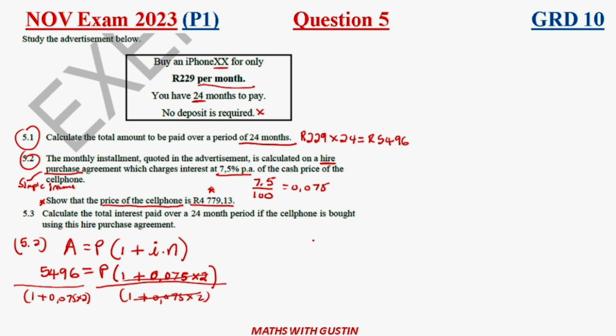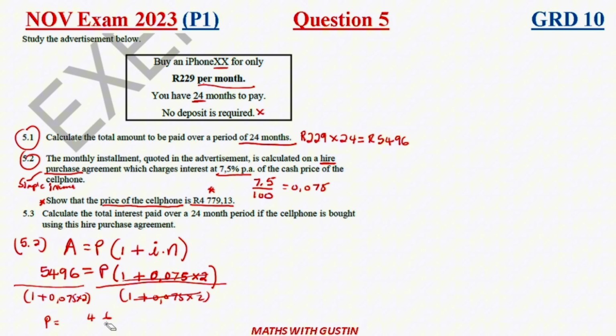Therefore we are left with P equals 5496 all over that.